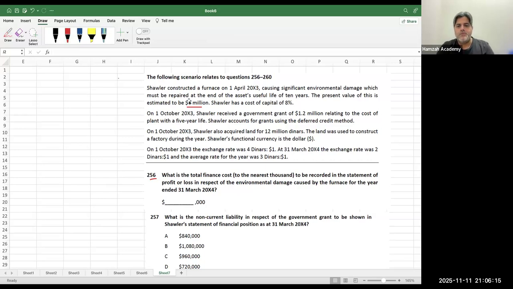So the present value is 4 million, cost of capital is 8%, 4 million into 8% is 320. Right? So 320 is going to be my answer over here.